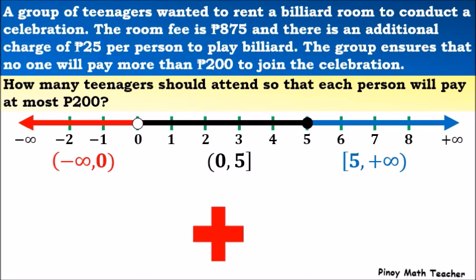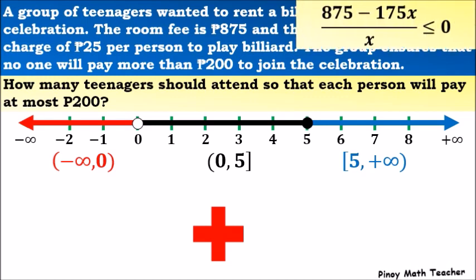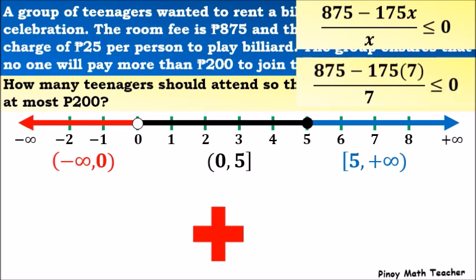So, ang natitira lang ay yung from 5 to positive infinity. I-test pa rin natin. So, try natin at x equals 7. So we have (875 minus 175 times 7) over 7 is less than or equal to 0.